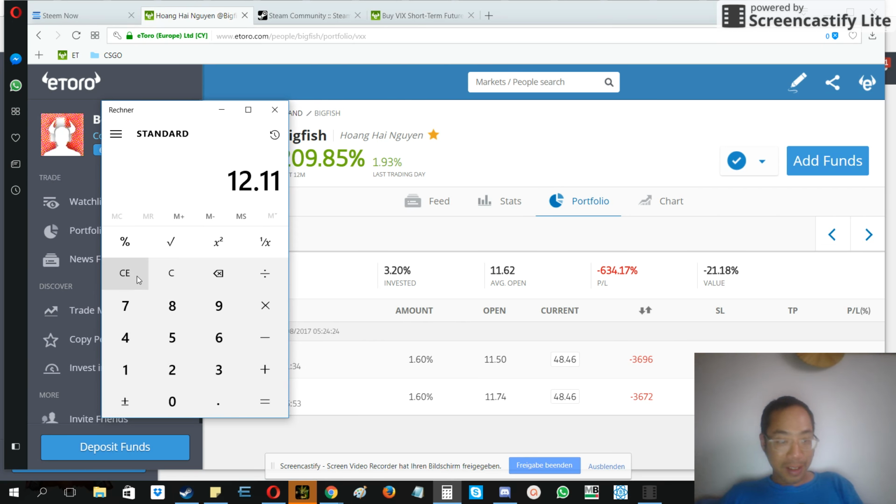So we have 11.50 times 4, then the open position will be 46, and the other open position, 11.64 times 4, is 46.96. So it will just adjust the open position, and then you calculate the difference between the current and the open position.